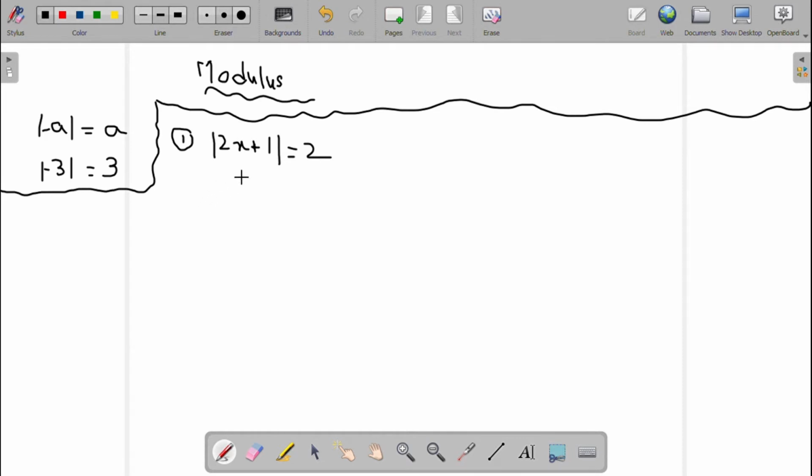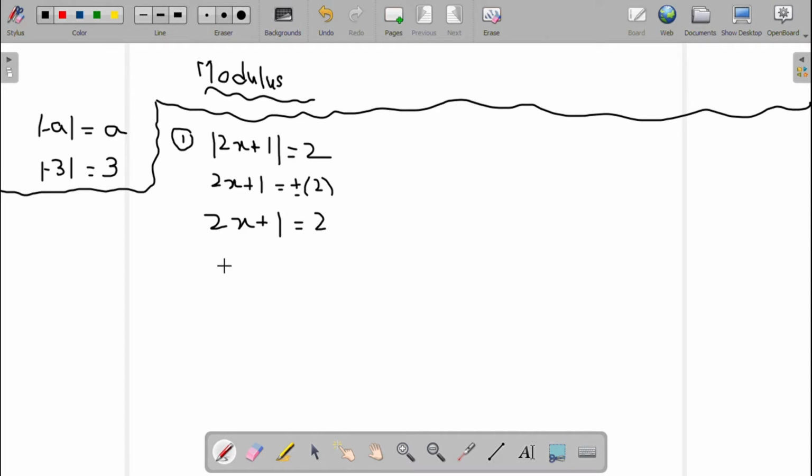When we have to solve any modulus equation like this, we remove the modulus, write the expression as it is, but on the other side it becomes plus minus 2. So now we have to solve it separately for x, one with the positive 2 and one with the negative 2.